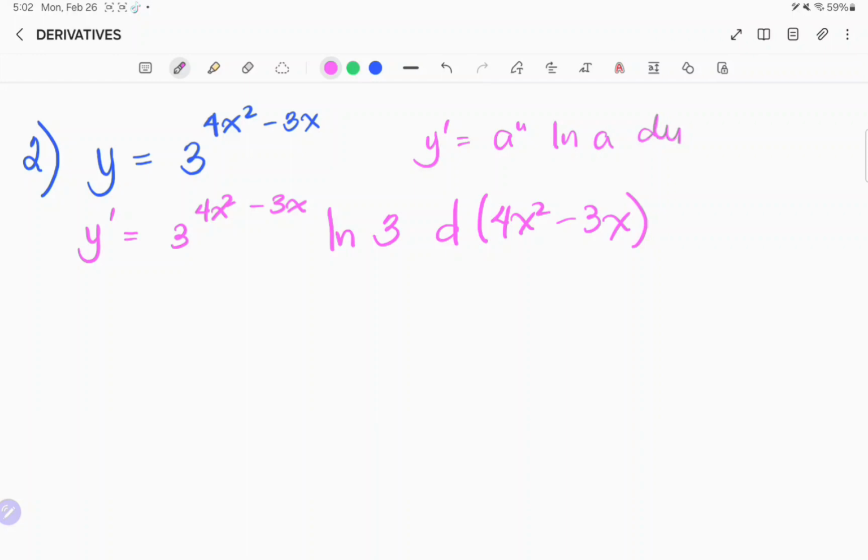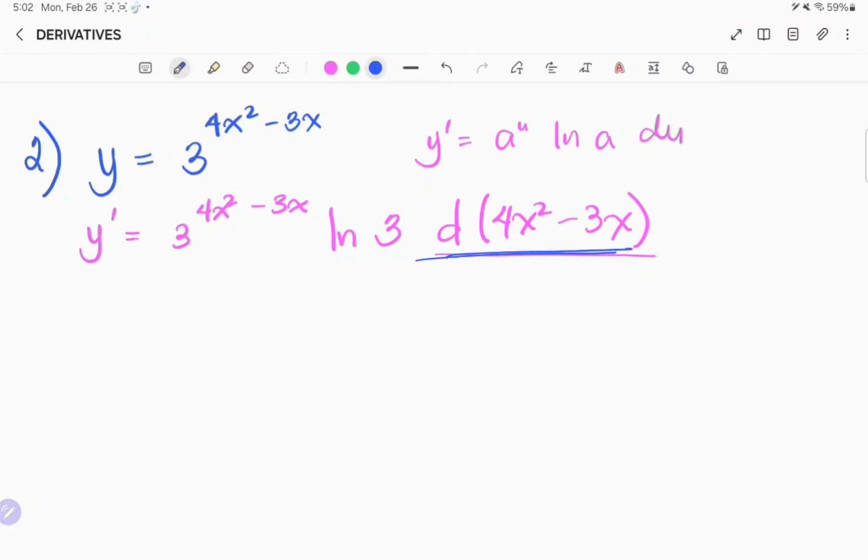As we take the derivative of the given exponent, it will become y prime equal to 3 raised to 4x squared minus 3x ln 3, and the derivative of 4x squared minus 3x is 8x minus 3.